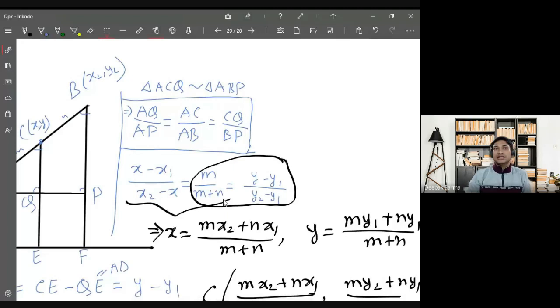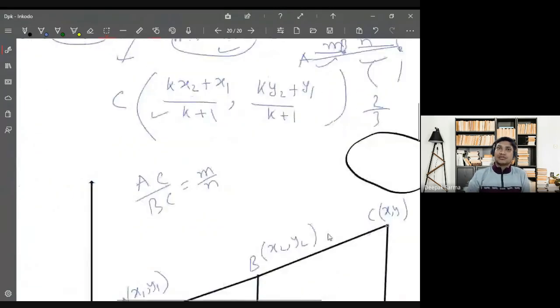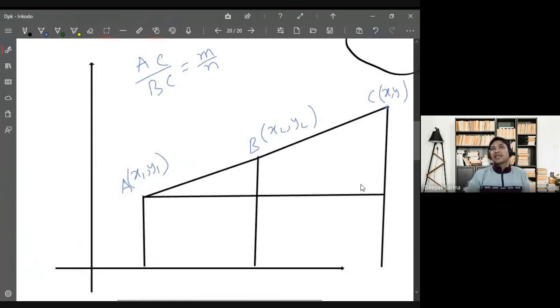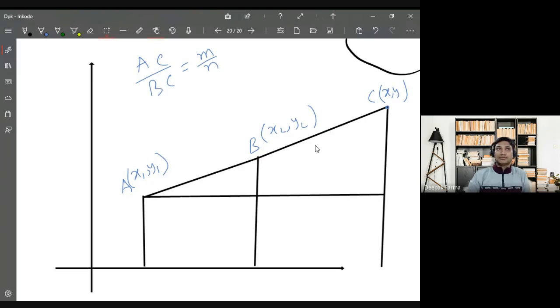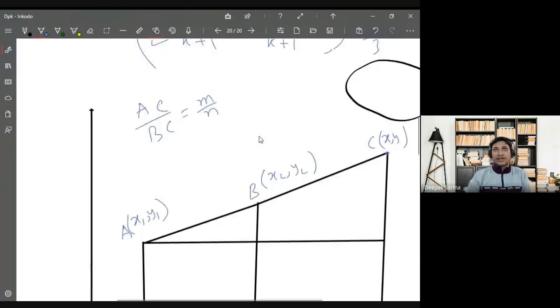Here if you see, it will be m by m minus n, because this one is outside. If you observe it, you can see this by this. Do you see? AB, because the smaller triangle is similar to the larger one. Smaller is AB and larger one is here AC. So AB by AC, if you see, it is m by m minus n. Do you see here? So you can verify.